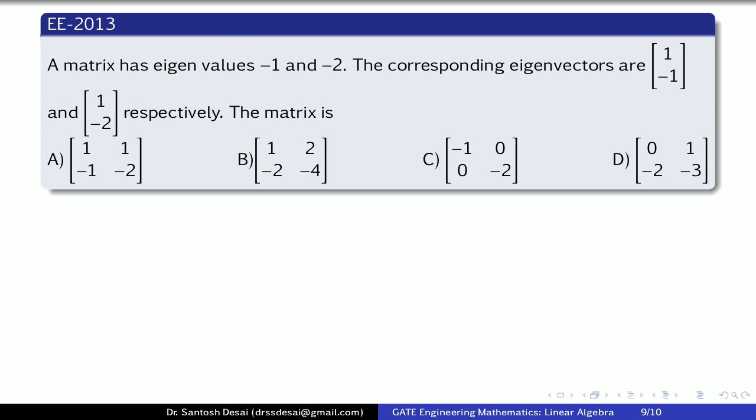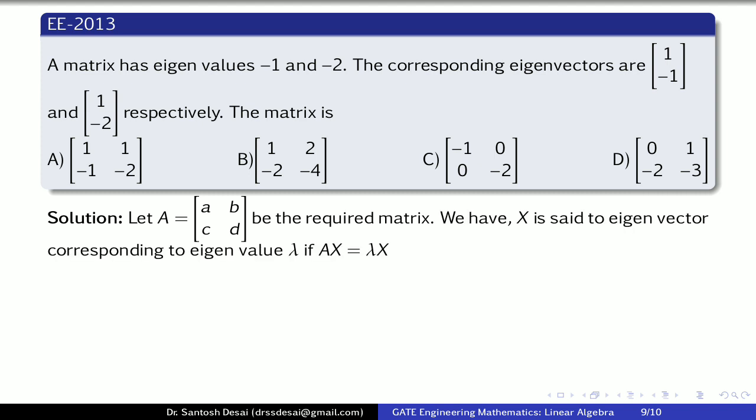So for this, let us take capital A equal to the matrix with rows a, b and c, d as the required matrix, and we know that x is said to be an eigenvector corresponding to eigenvalue lambda if Ax is equal to lambda x.